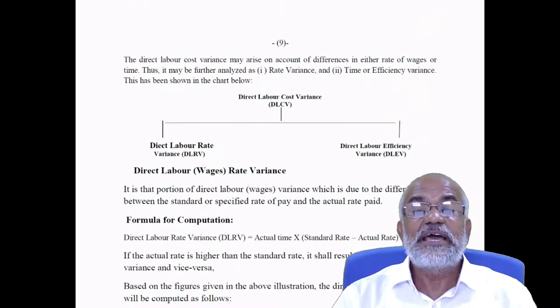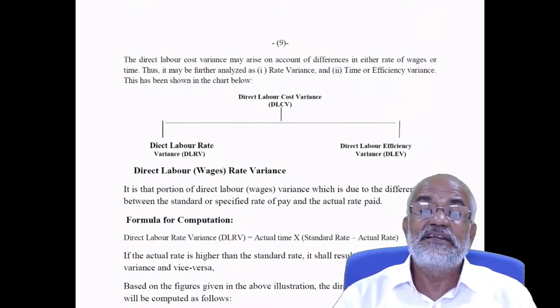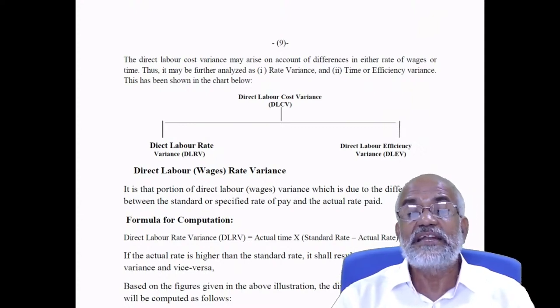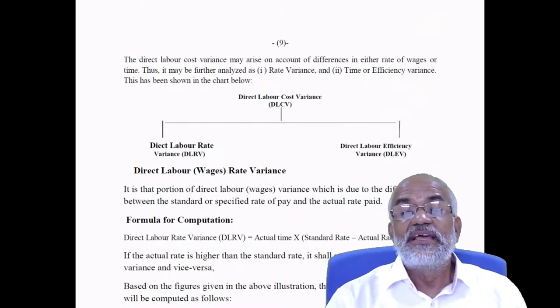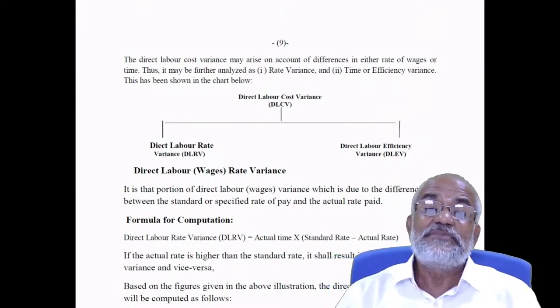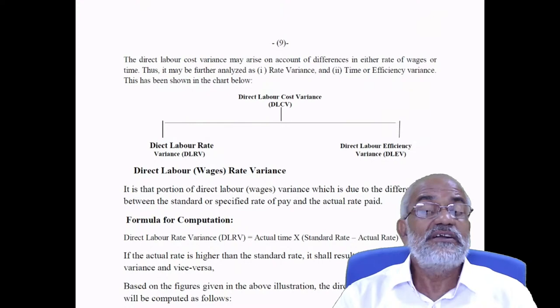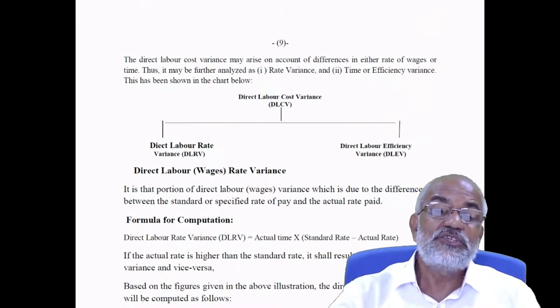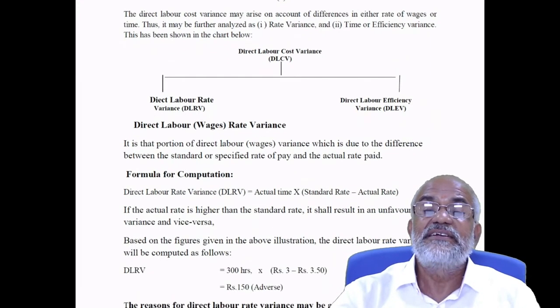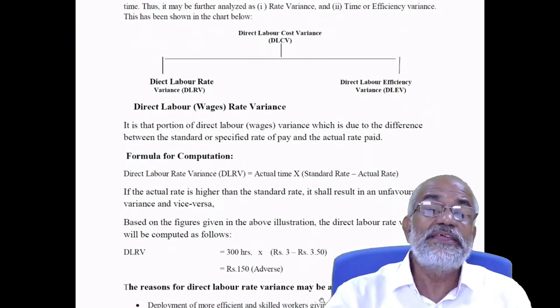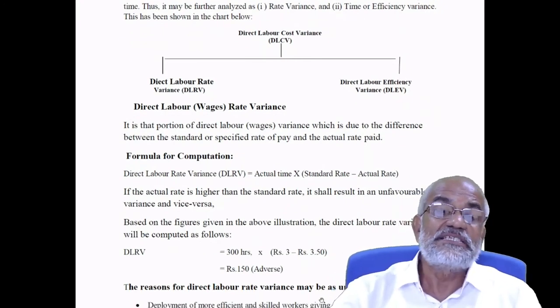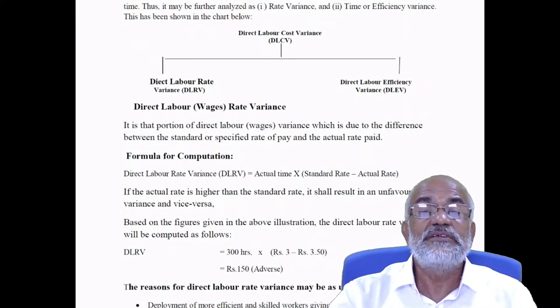The formula for computation of direct labor rate variance DLRV is equal to actual time into standard rate minus actual rate. When actual time taken is multiplied with the standard rate minus actual rate, this gives rise to the direct labor rate variance. If the actual rate is higher than the standard rate, it shall result in an unfavorable variance. If the reverse is true, then it will be a favorable position.